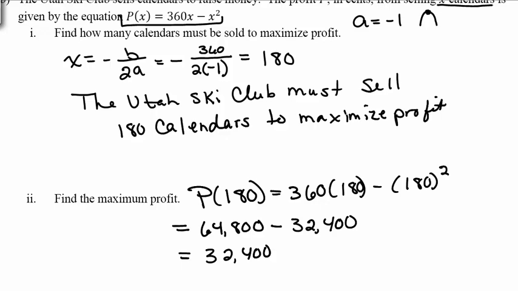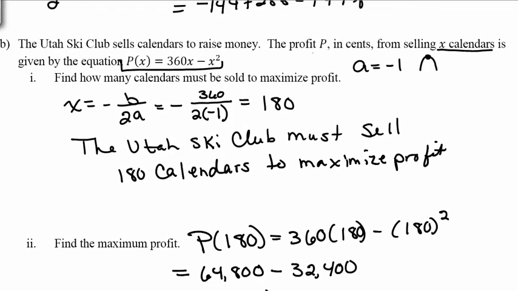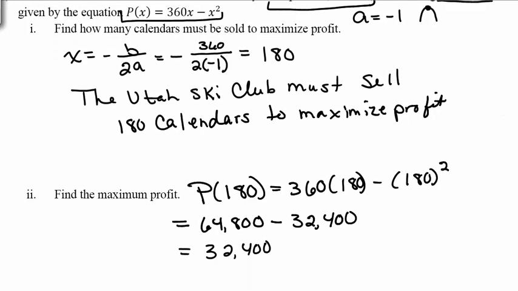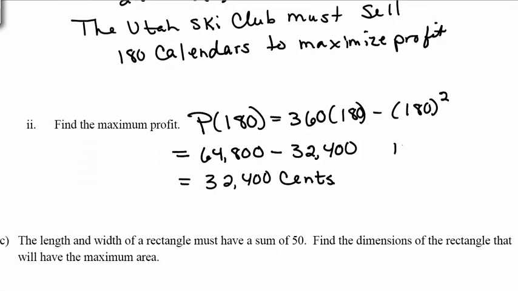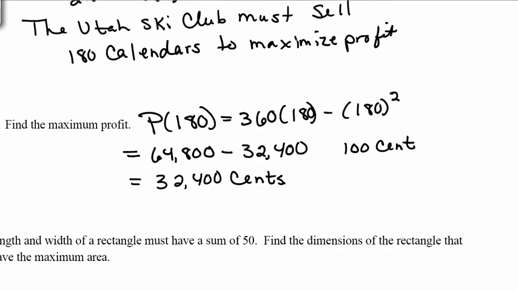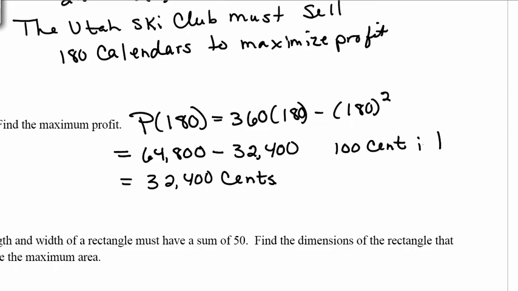Okay, so be careful about this because the profit in this equation is in cents. So this is 32,400 cents. If we want to convert this to dollars, there are 100 cents in each dollar. So we have cents.